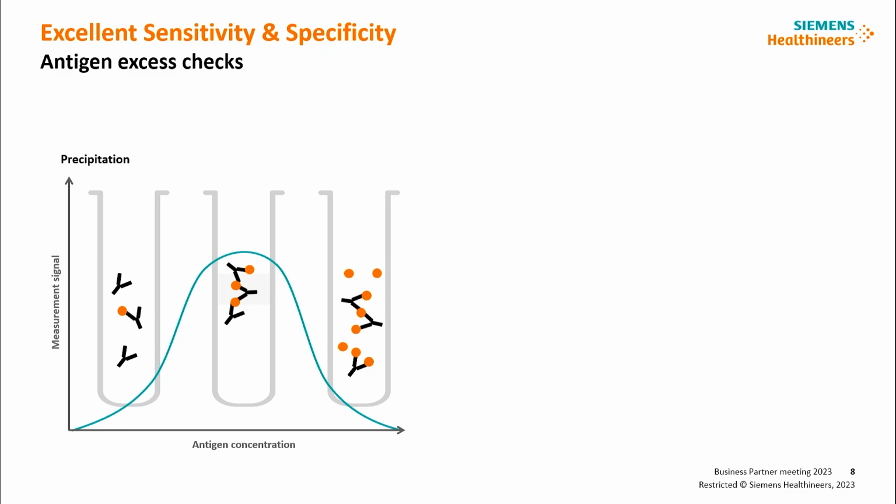This is risky because you may report a low or normal result while the patient has very high antigen. This happens mainly in free light chains, where it is repeated a lot because of the high concentration.